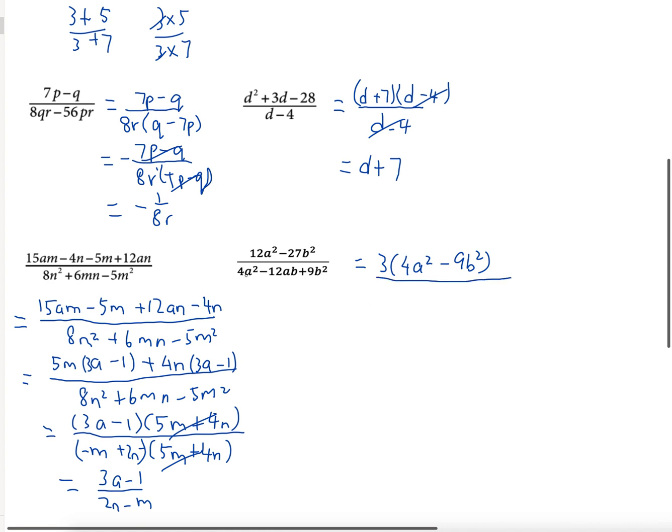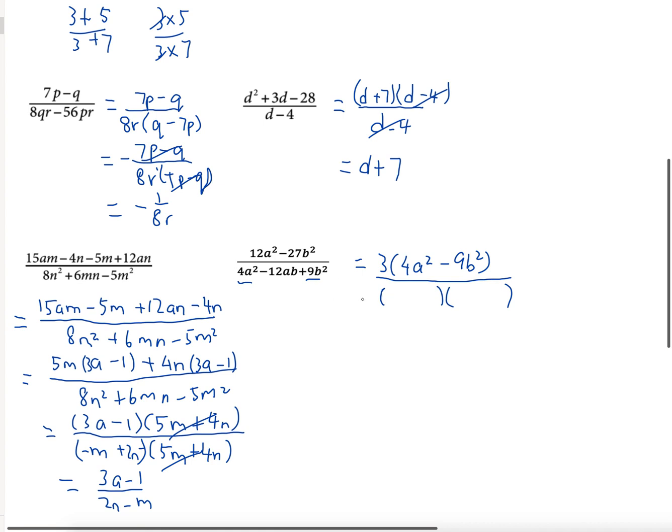And in the denominator, if you are good in your factorization, you will also notice that this is a perfect square because we have two positive squares at both ends. So a perfect square has two identical factors.